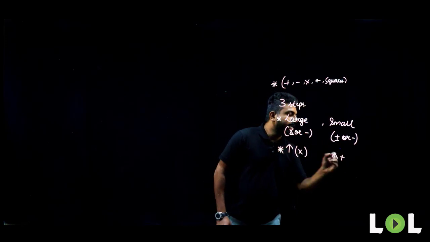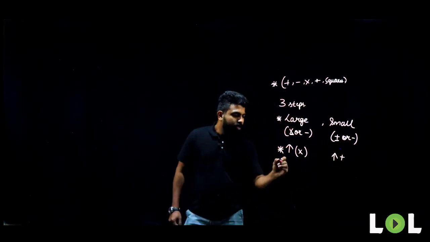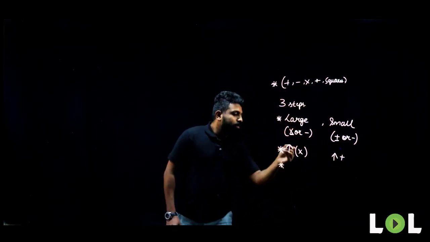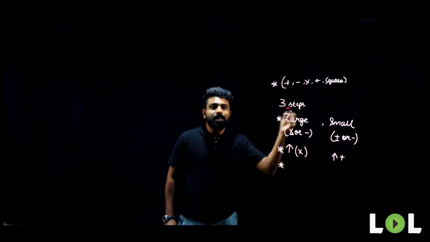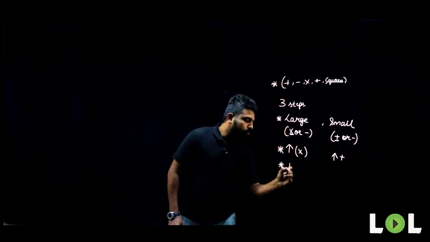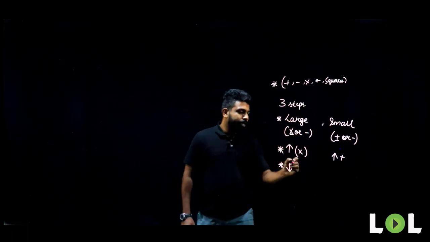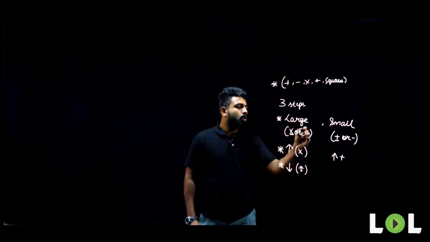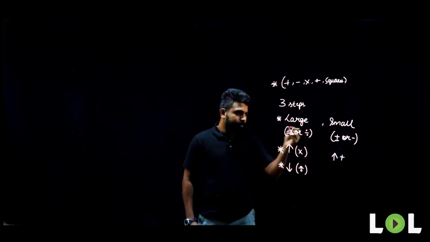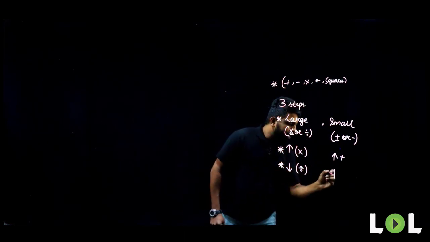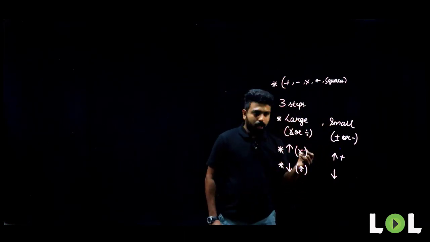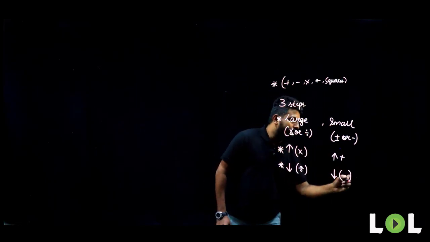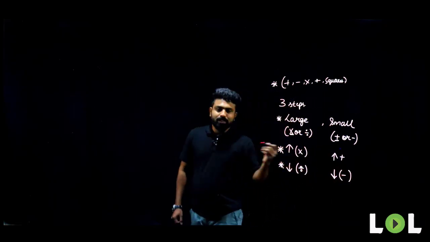Now, what if there was a decrement in the series? If there was a decrement, it used to be always division whenever the difference was large, and whenever there's a decrement and the difference was small, it used to be subtraction. I hope this is clear for you.